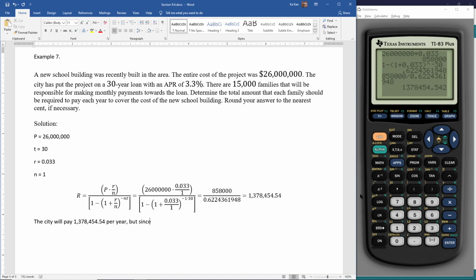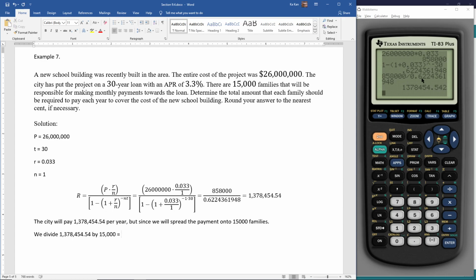But since we will spread the payment onto 15,000 families, we divide this number by 15,000.